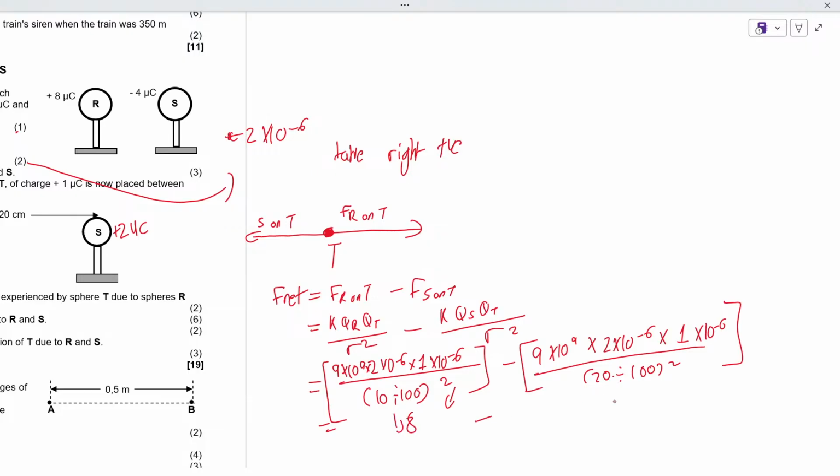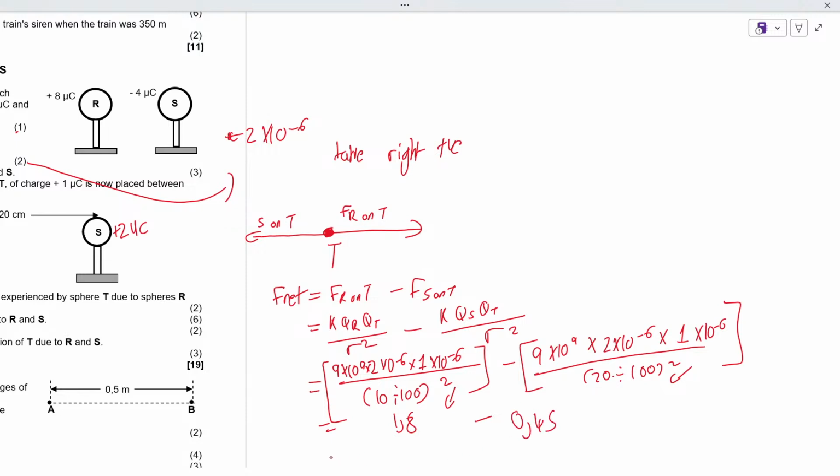Okay, and then this one. I'm still calculating. I got 0,45.